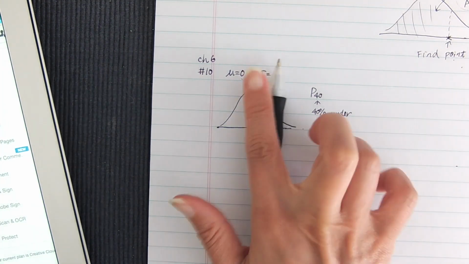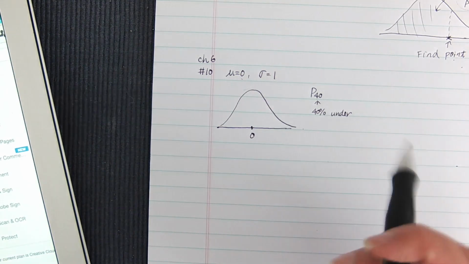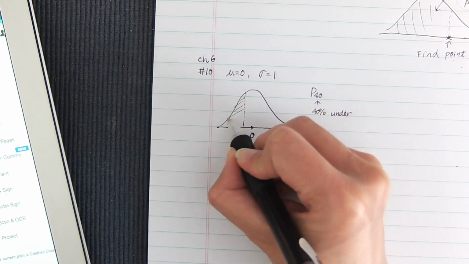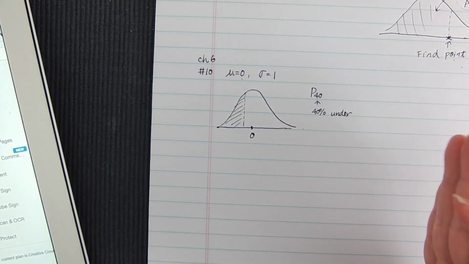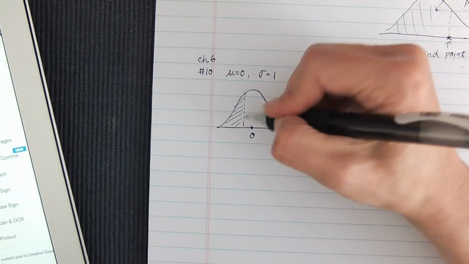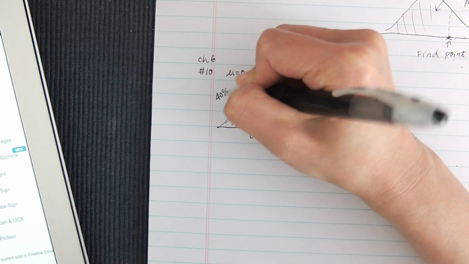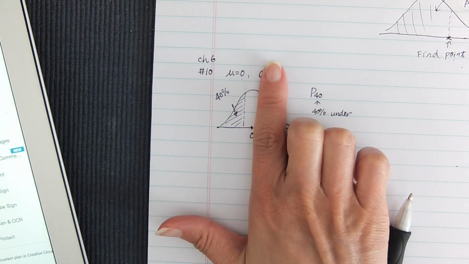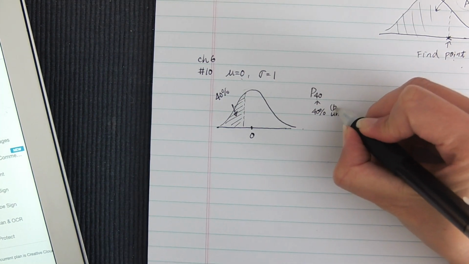If we have a half, it's 50%. So I have 40%. Percentile always means under. There's 40% under. Here is my 40% below, because half is 50%, right? It means it's actually below.